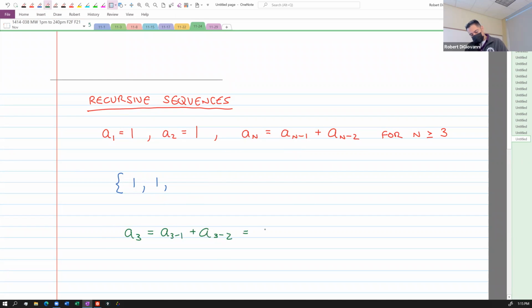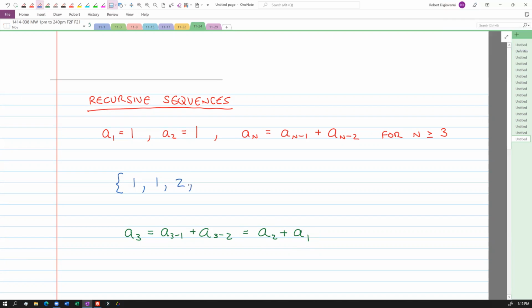That is a sub 2 plus a sub 1. Doesn't this just mean that to find the third one, you add the second one and the first one together? And we already know the first and second one, don't we? So what should the third one be? 2, right?